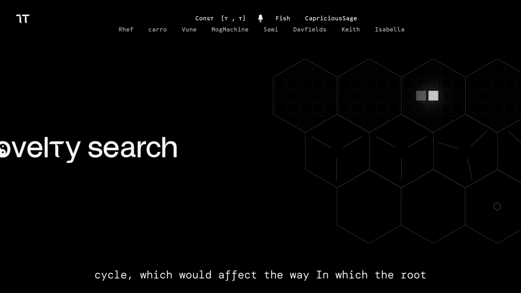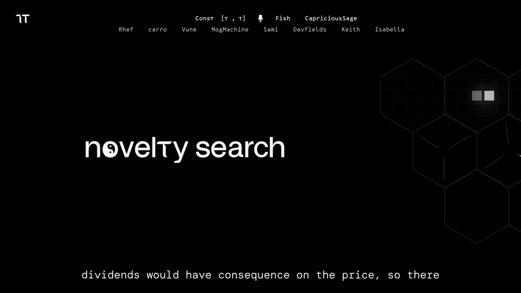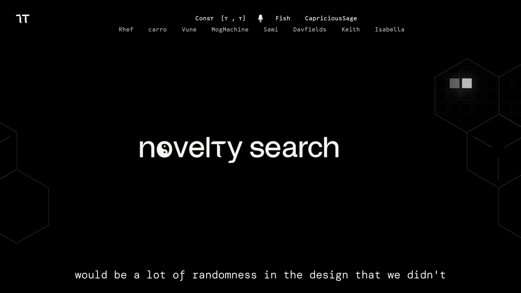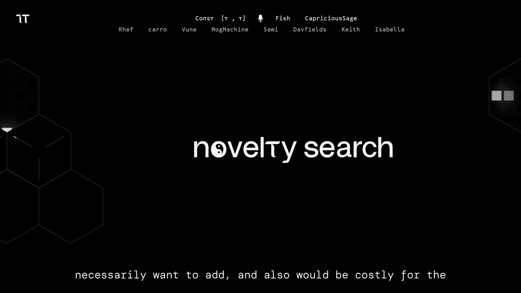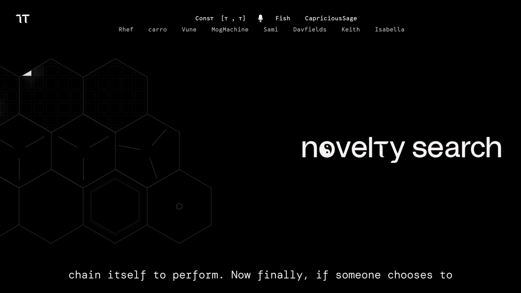the way in which the root dividends would have consequence on the price. So there would be a lot of randomness in the design that we didn't necessarily want to add, and it would also be costly for the chain itself to perform.